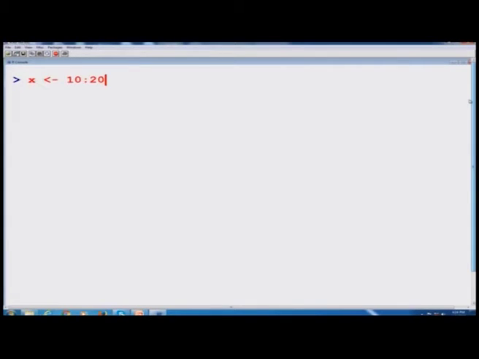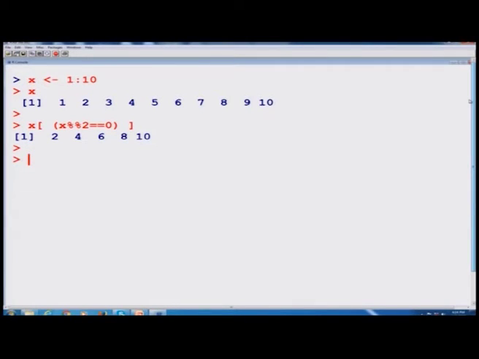So, first let me generate the values we are trying to use here. You can see I can just scroll the upward keys and come back to an earlier command. This is my x, and from here I find the values for which x modulo 2 is equal to 0, and the answer comes out to be 2, 4, 6, 8, 10.